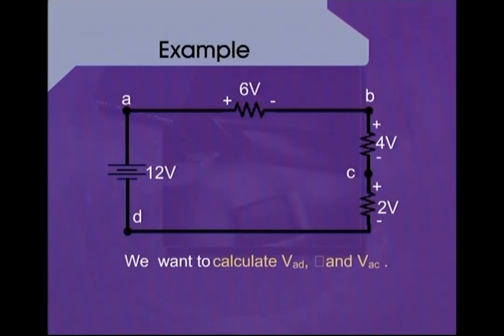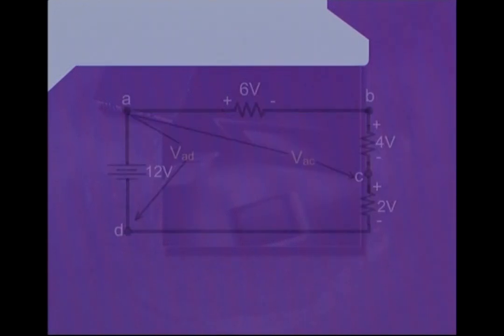The resistance next to that, attached between the points B and C, has a voltage drop value of 4 volts across it, whereas the last resistance between the points C and D has been marked as having a voltage drop value of 2 volts across it.